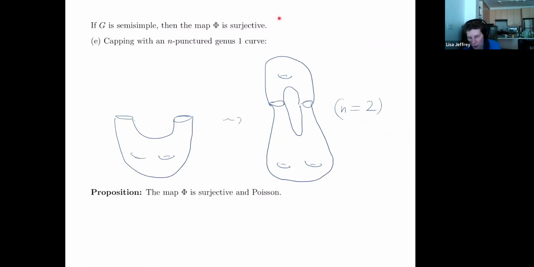But that would not be the case if it's not semi-simple. Another example, capping a surface with n boundary components with an n-punctured genus 1 curve. In that case, the map is surjective, and it is a Poisson map.